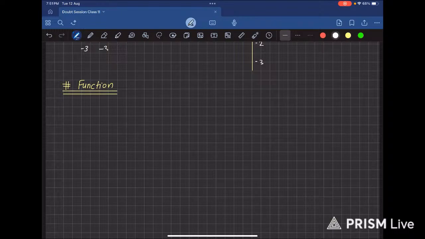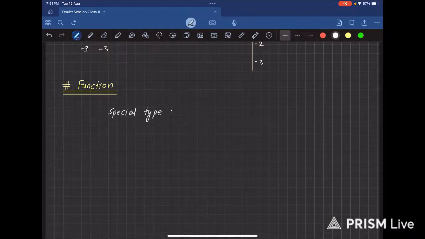Always remember, function is basically a special type of relation. So my first question is, what is relation?